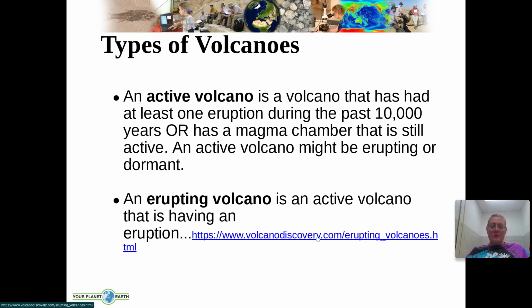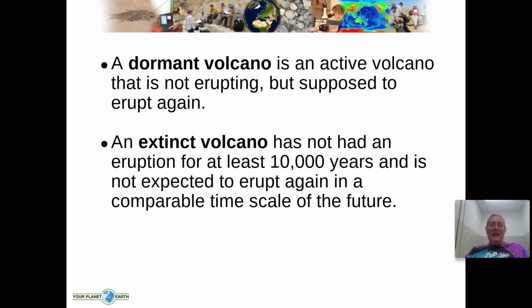And if we click on this website, we can actually see every erupting volcano on the planet right now, and all of those that are considered active but not erupting. A dormant volcano is an active volcano that is not erupting but is expected to erupt again. Mount St. Helens, not erupting right now, could potentially erupt again, as far as I know.